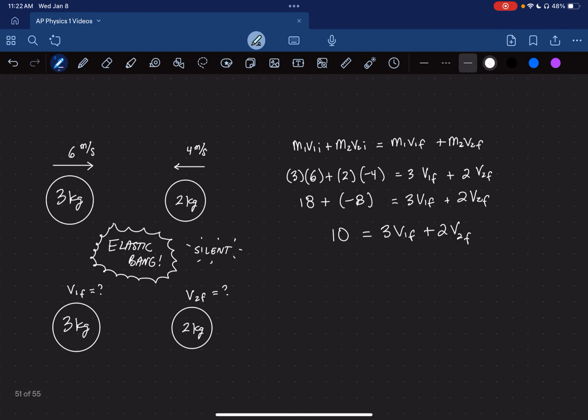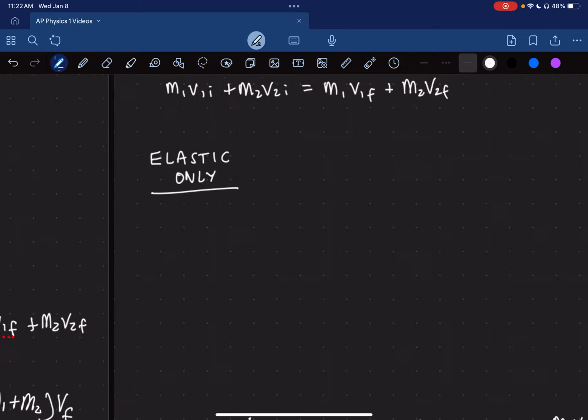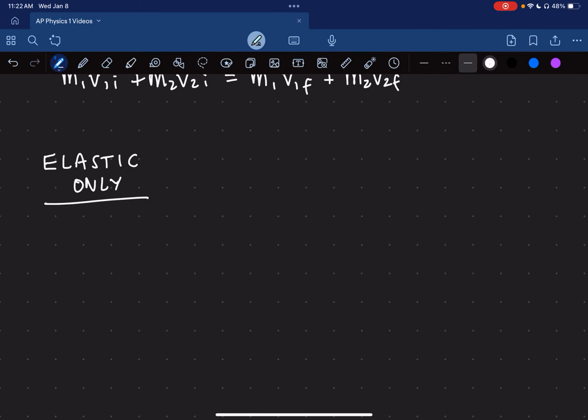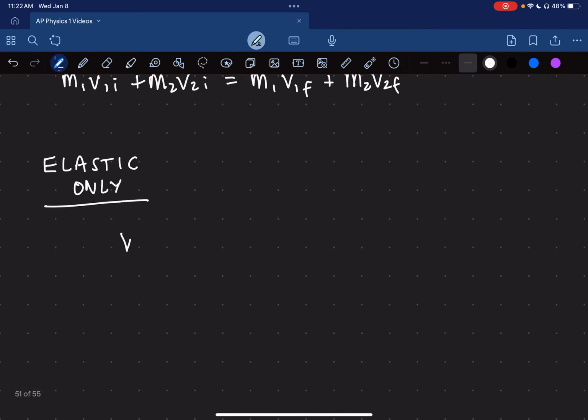Because we know that this is an elastic collision, we've started this problem saying that it is an elastic collision, then we can use our equation for elastic only, which is v1i minus v2i equals v2f minus v1f. Double check, v1i minus v2i equals v2f minus v1f.